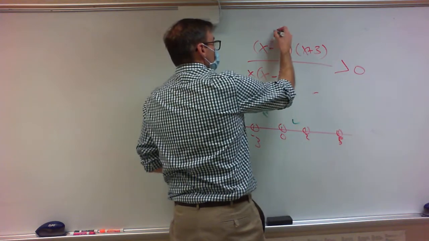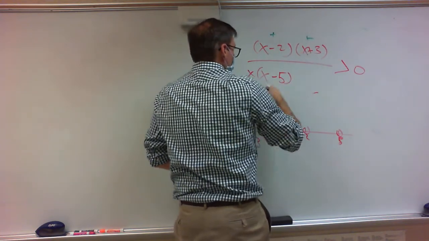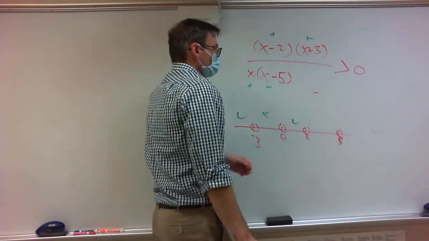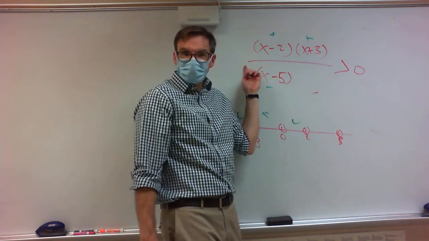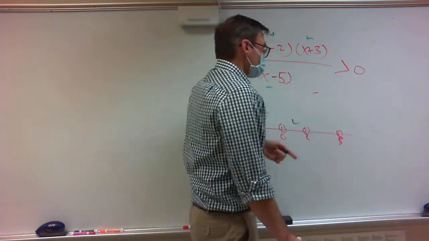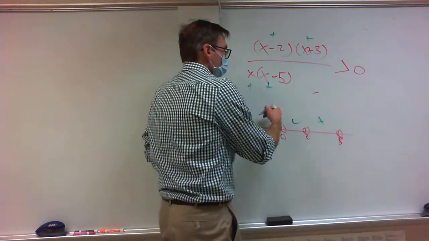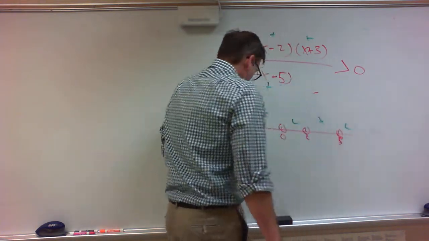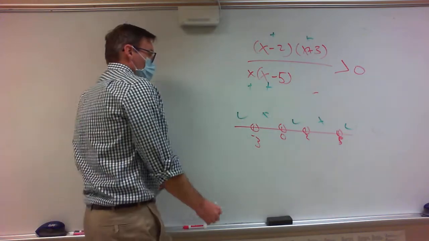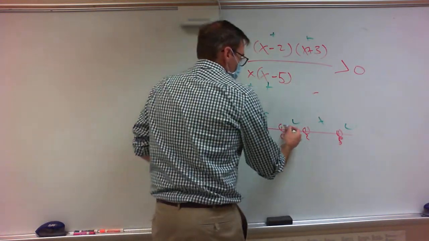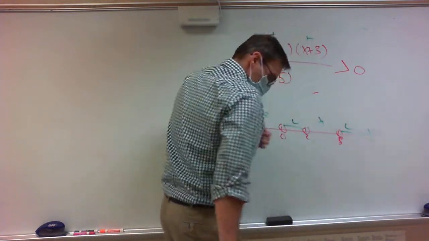So 3 minus 2 is positive. That's positive. That's positive. That's negative. When everything's said and done, that's not greater than 0. I'm going to pick a giant number. Everybody's positive, and that works. So I end up with this works, and this works.